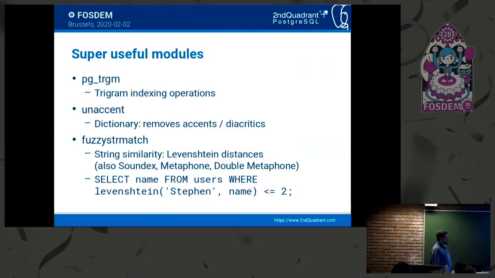There is a warning in the Postgres documentation that soundex, metaphone, and double metaphone may not work well with UTF-8. It works like this: select name from users where levenshtein of the name column and 'Stephen' is less than 2. So if something is less than 2 characters different from Stephen, please return it. So I'm essentially looking for Stephen with a V.